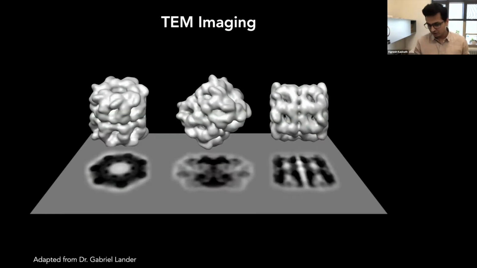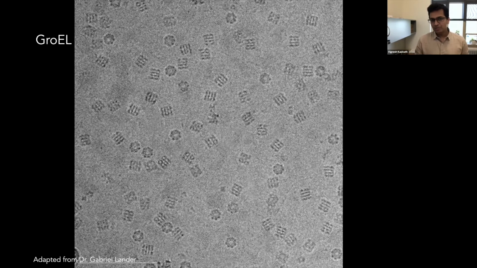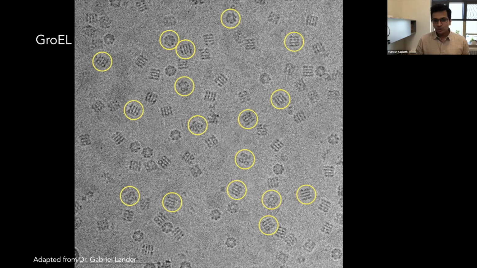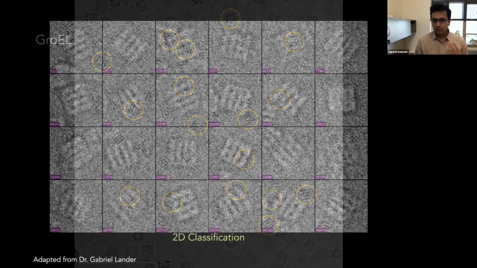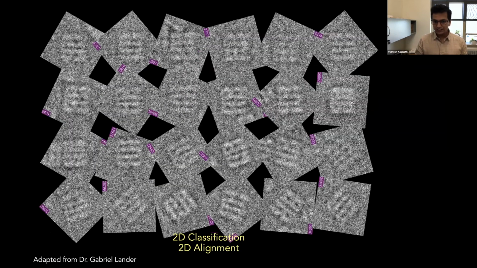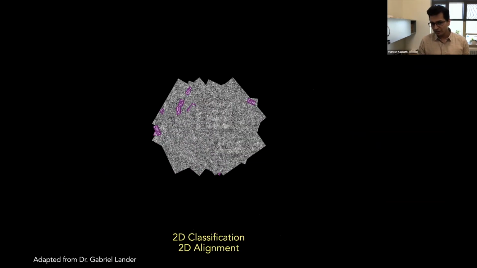In our case, the objects are protein molecules. This is an example of a typical, but really good, cryo-EM image where you can easily see individual protein molecules. So we can pick these out, and once we pick them out, we can look at their relative orientations with respect to each other. We can align them to generate something called a 2D class average.